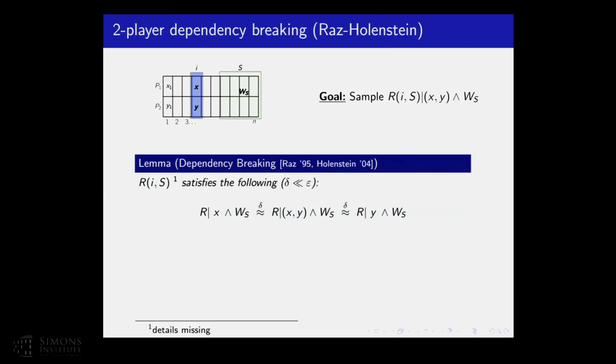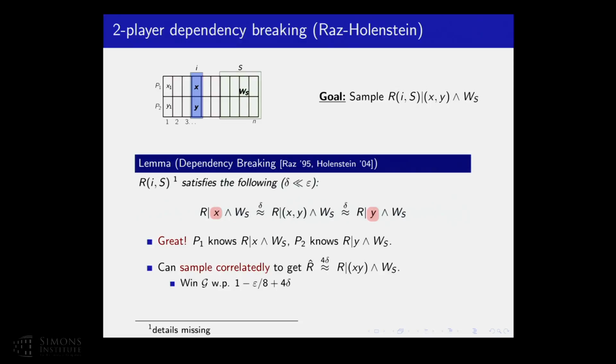So the main lemma, a key lemma that was used by Raz and Holenstein, was basically that, well, you just look at the distributions that the players do have in hand, and that is R given x and W_S, and R given just y and W_S. This is with P1 and this is with P2. And they are actually delta-close in L1 distance to this target distribution that we want to sample.